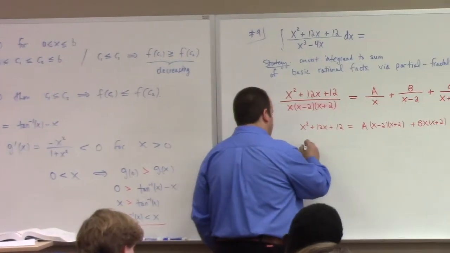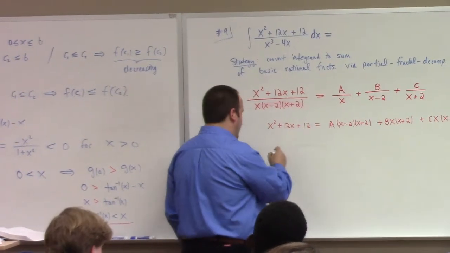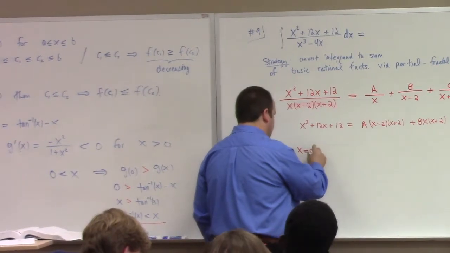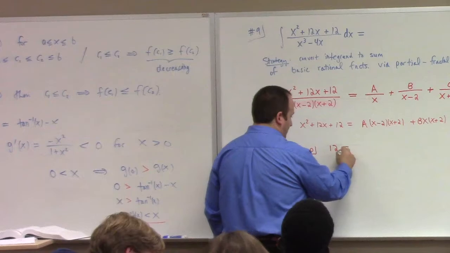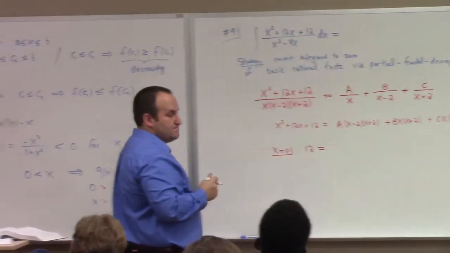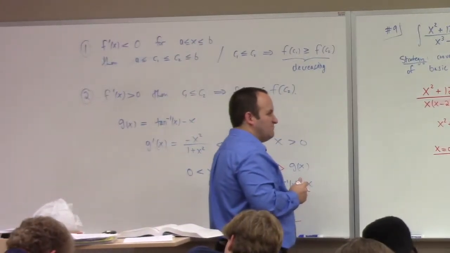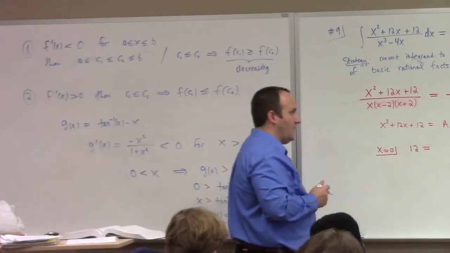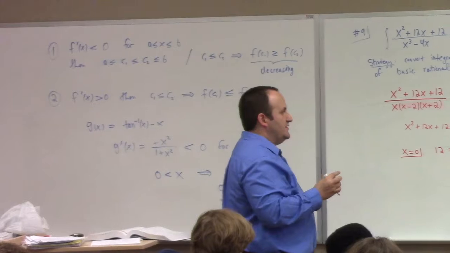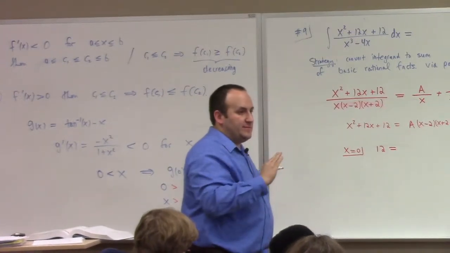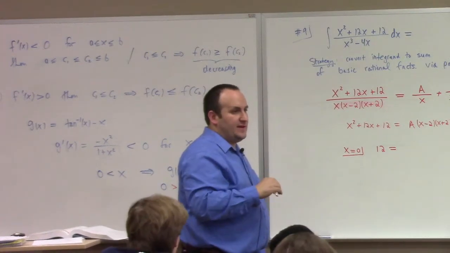Okay, so x equals 2. I mean, x equal to 0. How about that one? What's that give us? Does it matter if it's x minus 2 before the x plus 2 or x plus 2 before x minus 2? We could change the meaning of a, b, and c by relabeling, right? Your a and my b might be different.